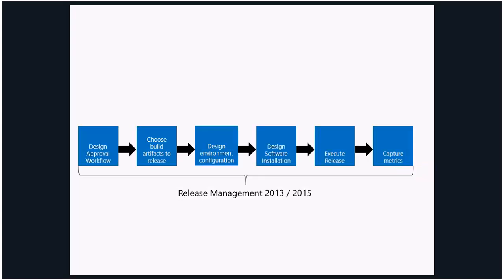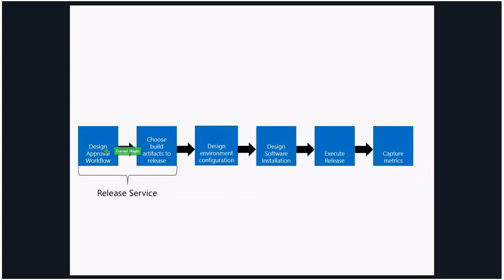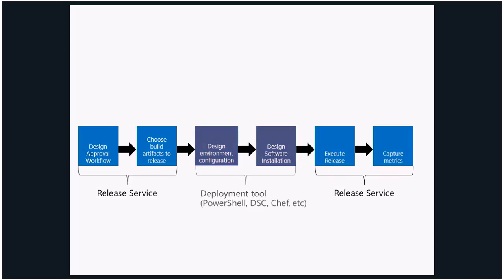So the way that's changing is the release management service is still going to let you do your approval workflow design. It's still going to let you choose what builds you release. And it's still going to execute a release and help you capture release metrics. But what's changing is the actual execution of designing environment configuration and designing your software installation is going to be handled by a dedicated deployment tool.